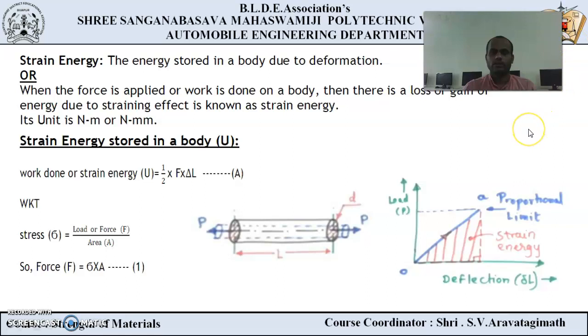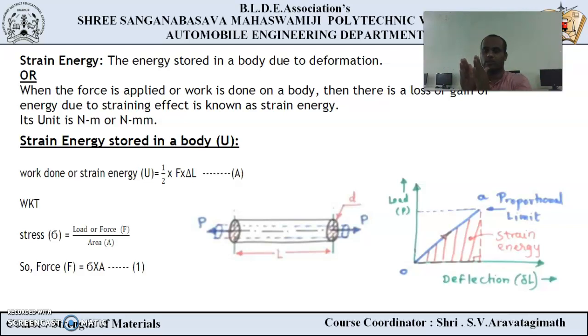So first we know the definition of strain energy. It means the energy stored in a body due to deformation. When a compressive load is applied on a spring, initially the spring has a length L. If you apply a compressive load, the spring gets compressed, it means the length is reduced.